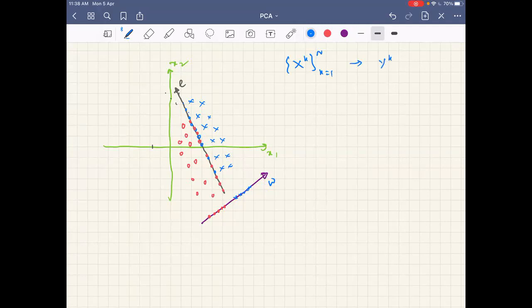So I want to find yk, which is equal to W transpose xk. This is the process of projection.